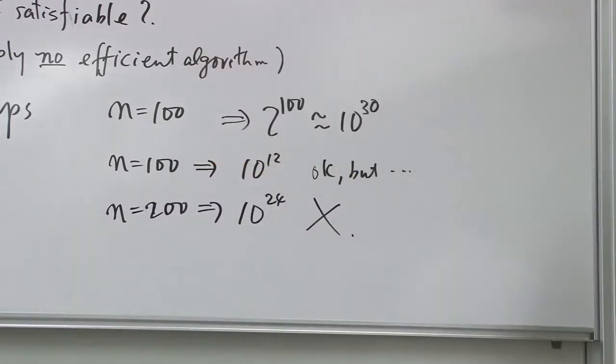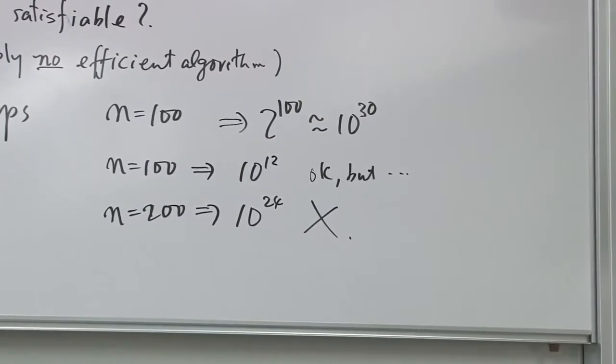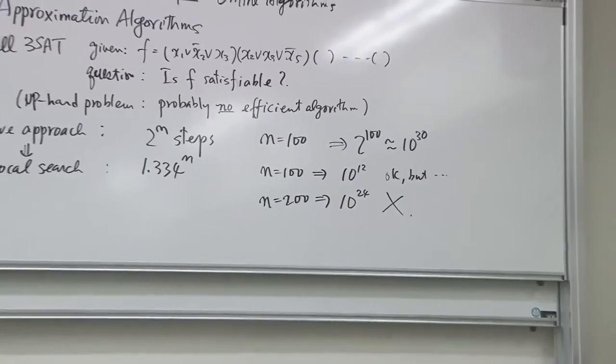But if n is equal to 200, then the value jumps up to 10 to the 24. It is impossible. It's totally impossible.